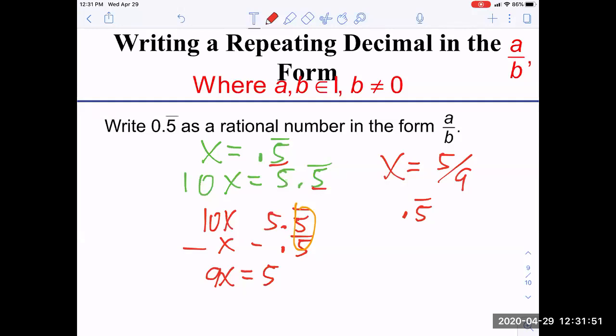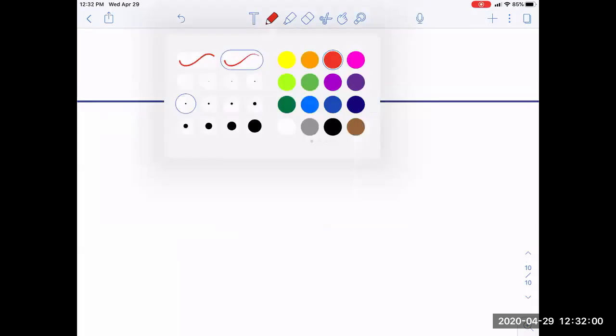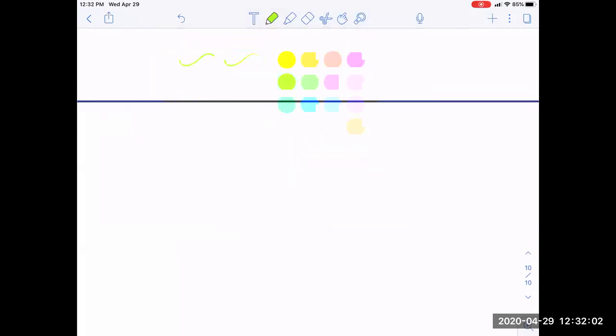We'll do more examples in class, but I'm going to do another one here. Ooh, apparently I lost that slide. Okay, let's do one where the repetend is not directly after the decimal. Let's do a 3.46. Ooh, let's not put the 7 in there yet. Okay, let's do this.